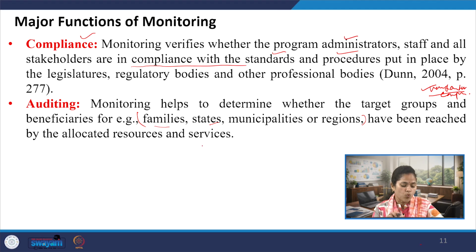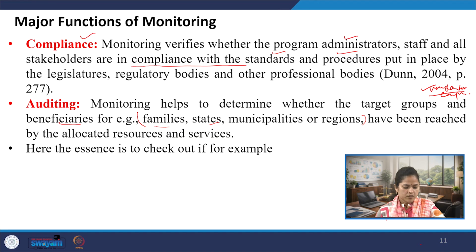That means to what extent the allocated resources and services through this policy have reached the beneficiaries. That is the objective of monitoring: it helps the monitors determine whether the target groups and beneficiaries are receiving the allocated resources and services.